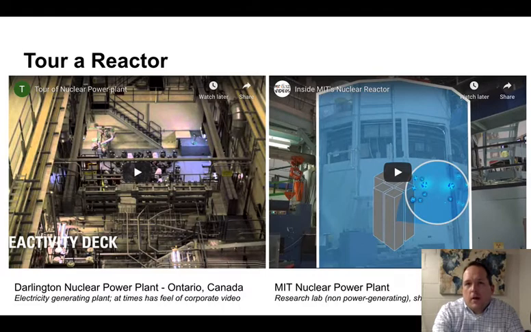On the more academic side, if you're interested, MIT has what they describe as the second largest research nuclear reactor on the campus in Cambridge, Massachusetts, outside of Boston. The video on the right is a walkthrough tour of that system. Reactors on college campuses usually are for experiments and nuclear testing, not to generate electricity, and the MIT one is an example of this.